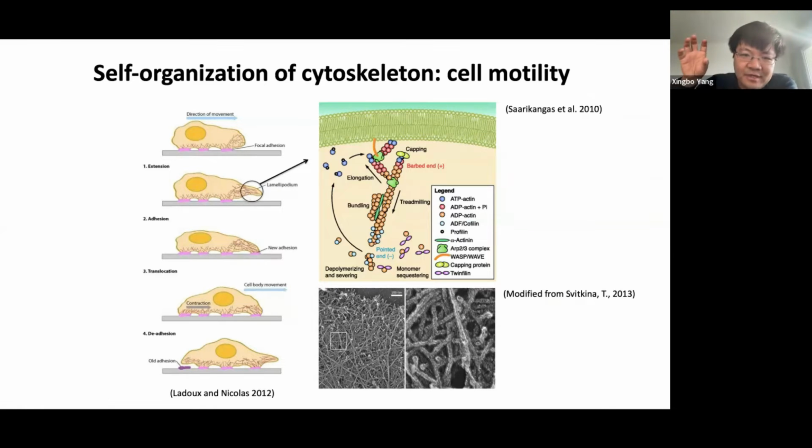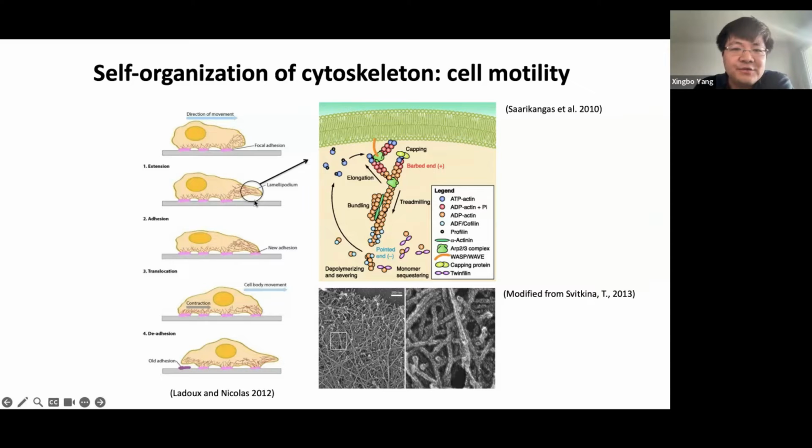It's like a foot that moves a step forward and grabs onto the substrate, and then the actin-myosin network will contract, for example, under the action of the motors, and that would move the back of the cell forward, and then the cell will detach from the substrate. That's basically like a step forward.